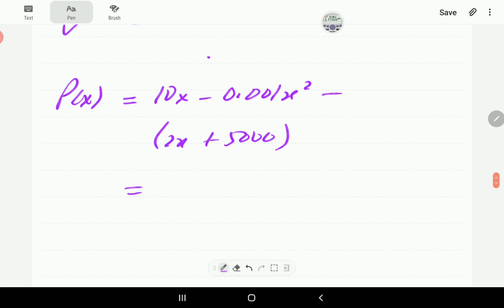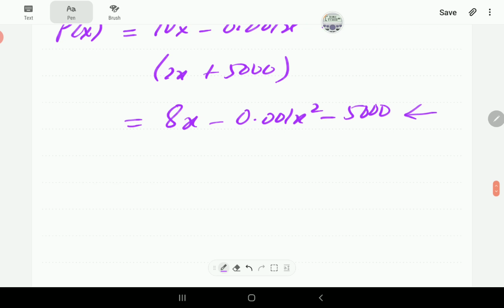If we open brackets here and simplify, it's going to give us 8x minus 0.01x squared minus 5,000. So this is the function we want to find the maximum of, and of course, as usual, the maximum is always going to be a stationary point.